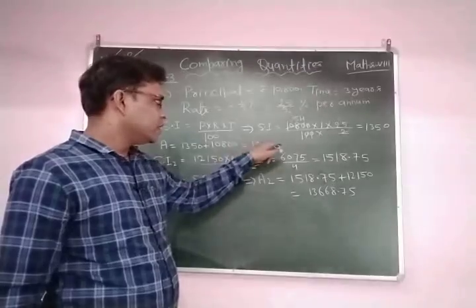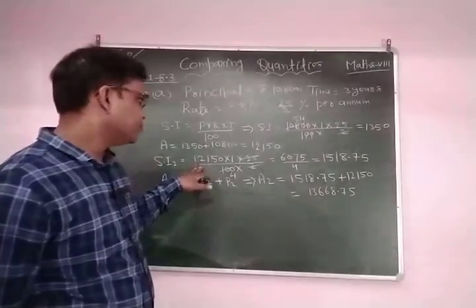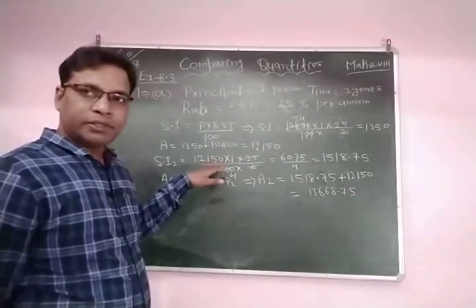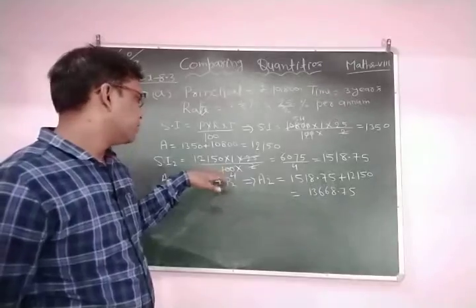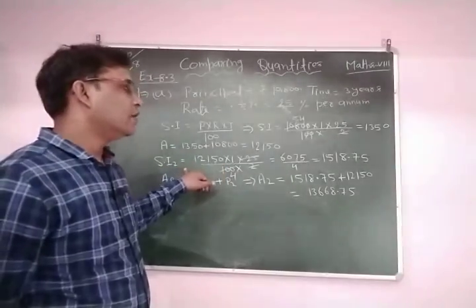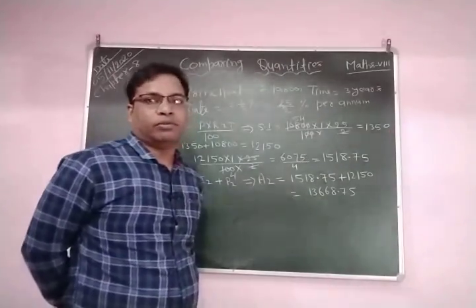And now this amount is treated as the principal for second year. So here you can see we put 12,150 as a principal. Then we obtain the simple interest for second year, 1,518.75 rupees. Okay.